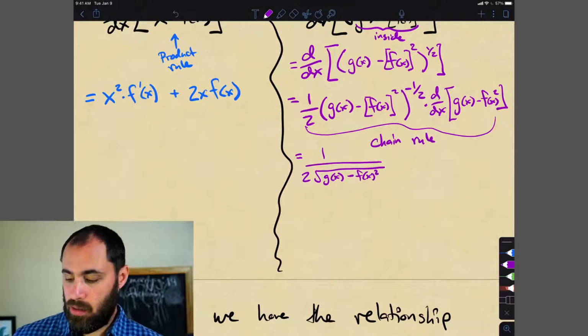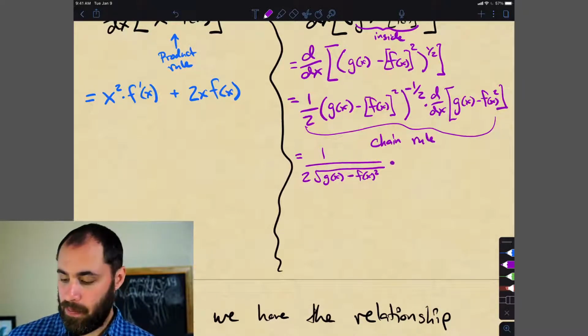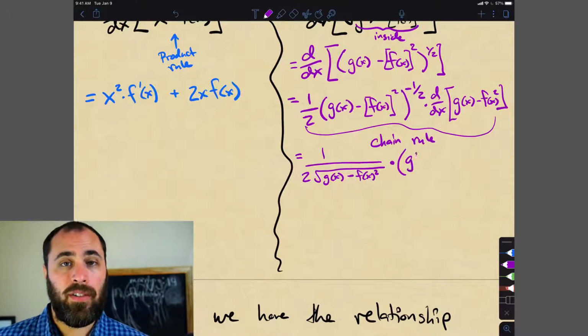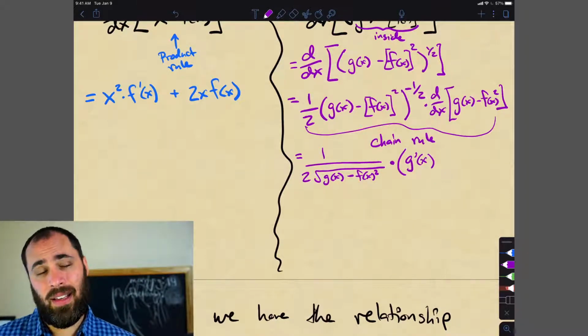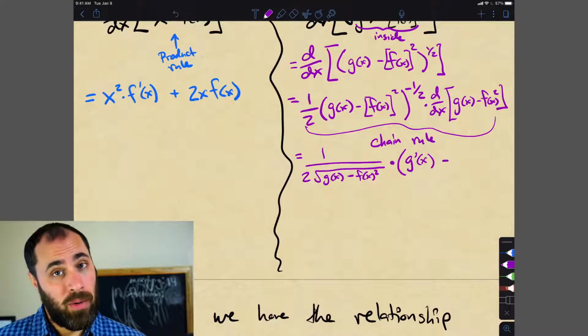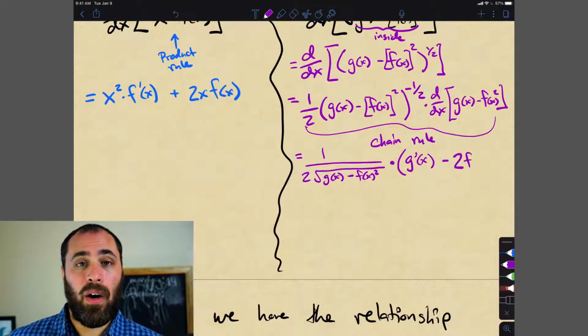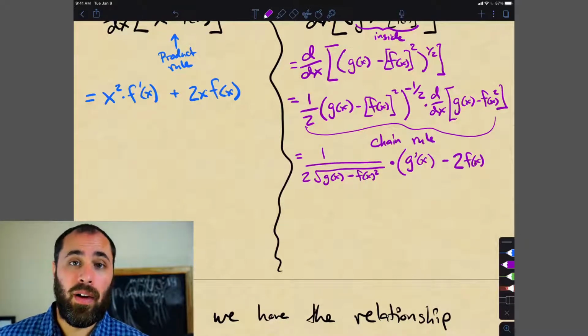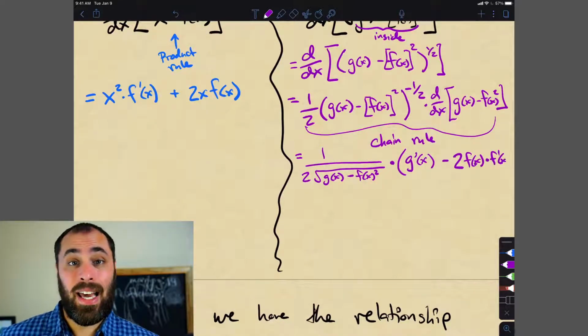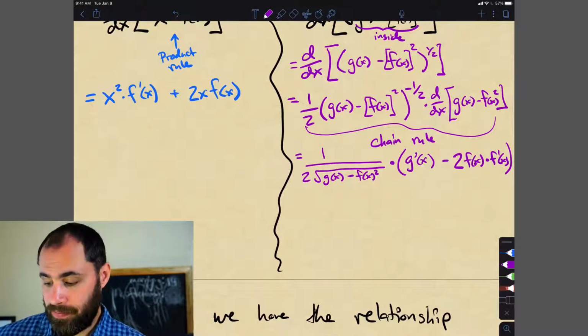We get, well, the derivative of g is g prime, and the derivative of f of x squared, we need the power rule because we've got something squared, so the 2 comes down, but we also need to multiply by the derivative of f. This is again an application of the chain rule.